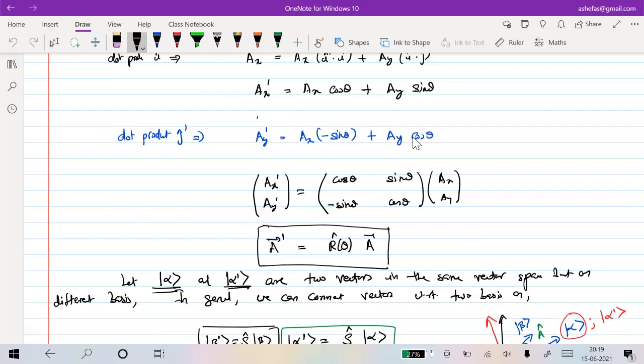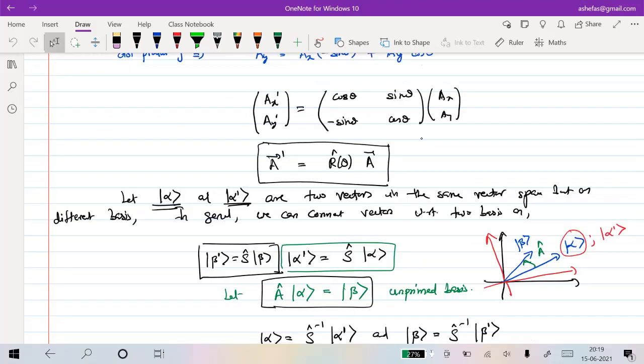Now this concept can be extended to an n-dimensional vector space. Suppose you have two vectors, alpha and beta. Now this alpha and beta can be expressed in terms of two different basis vectors, a primed basis and unprimed basis. Let us suppose their connection is this.